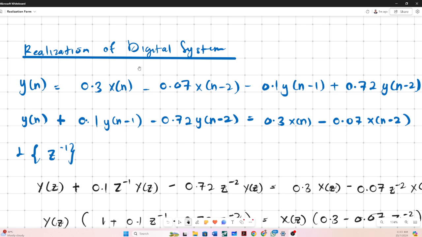Today I'm going to do some revisions in the chapter of Z transform, but we focus on the realization of digital systems, where we're going to draw the direct form 1 and direct form 2 when the equation is given.